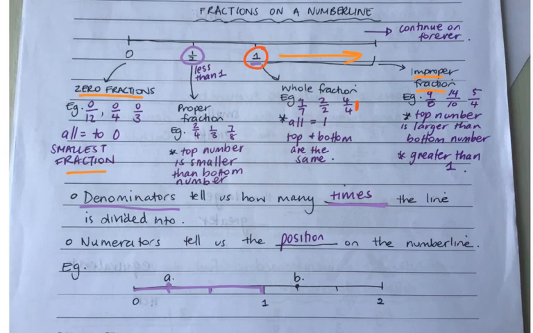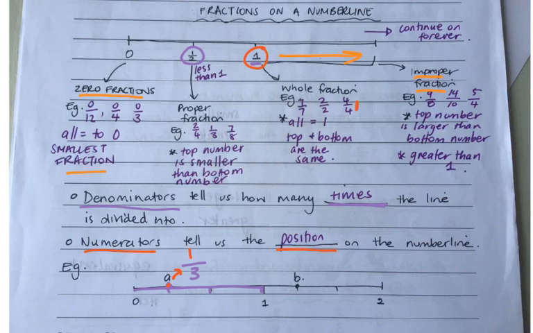So we know that this fraction at point A has a denominator of 3 because the denominator tells us how many parts the line is divided into. The numerator, or the top number, tells us the position on the number line. So if I look at point A, I can see that it's 0 and then 1. So the numerator tells us that point A is 1/3.